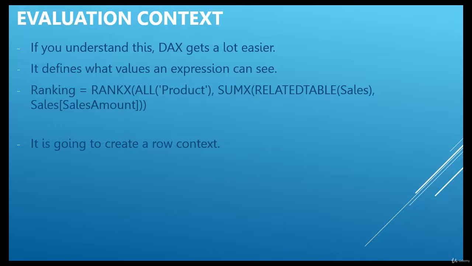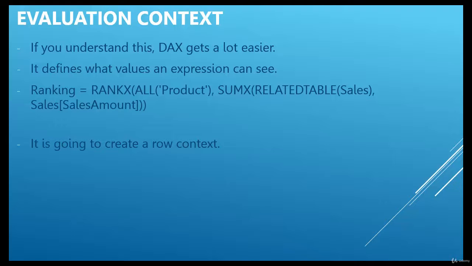In order to use the table, we have used ALL because we are looking to undo any filters applied onto the table or column, because we want to rank all the products. We are not looking to rank products that are filtered. We are looking to rank product sales on all products.